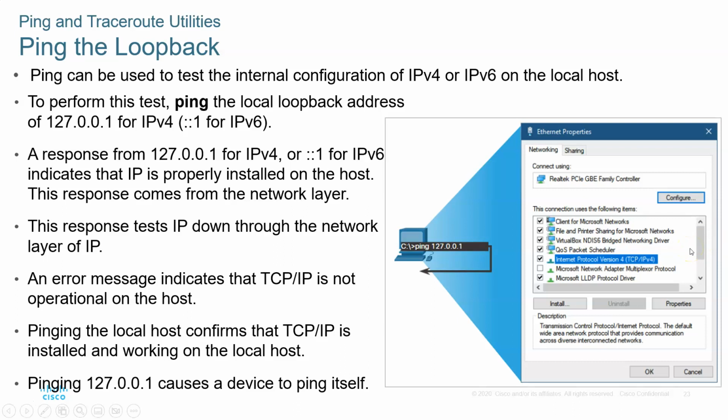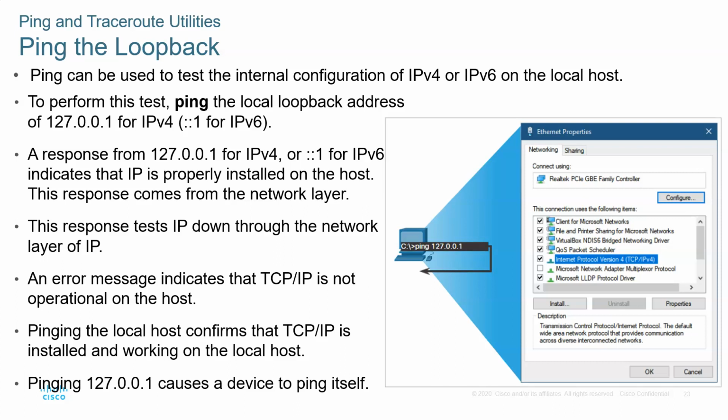So when you type ping 127.0.0.1 for IPv4, or ping ::1, what you're doing at layer 3 of the OSI model, the TCP/IP stack, is asking your computer to create a packet, stamp 127.0.0.1 on it, encapsulate it into a frame, put it on the media, but don't send it out. Loop it back, bring it back, open the frame, and bring the packet back.